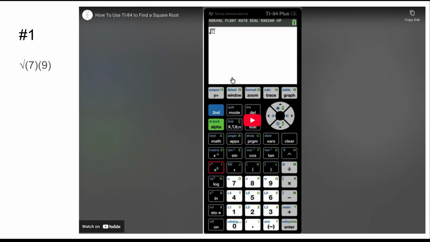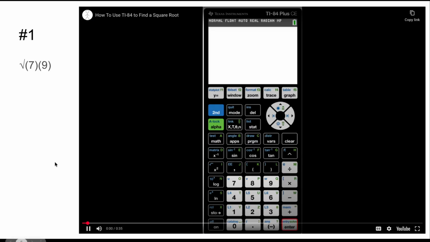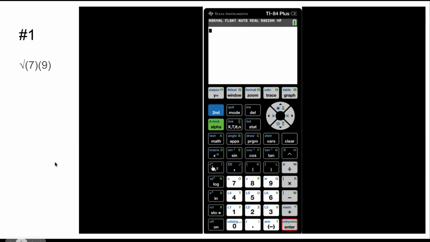Okay, number 1. We have the square root of 7 times 9, all under the square root. So let's watch this video and learn how to type this into our TI-84 graphing calculator. So we need to use the square root button, and here it is, blue, on this x squared button on your calculator.